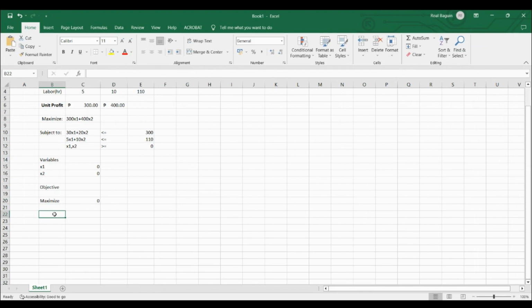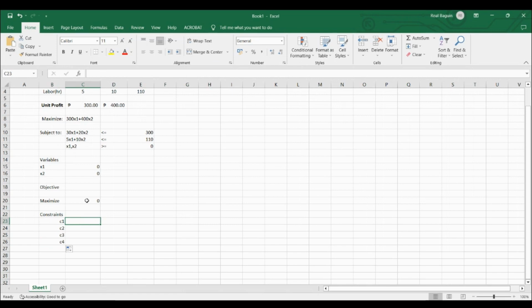Then we have our constraints. We have 4 constraints, so let's just label them C1 up to C4.